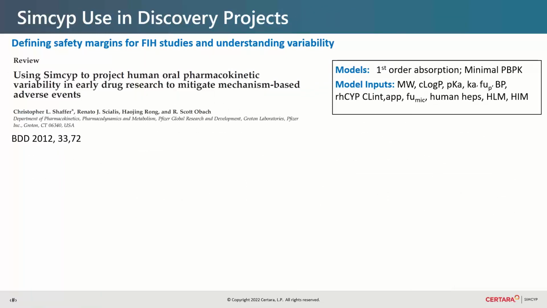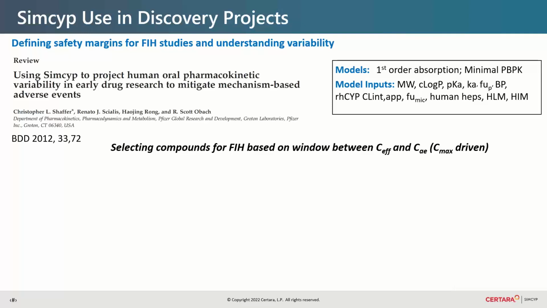Just to show you a couple of applications. This is a publication done at Pfizer, a few years ago now, looking at using Simcyp in discovery. What they were doing was trying to select between different compounds based on the window between where they thought the efficacious concentration was and the concentration where they were expecting to see adverse events.